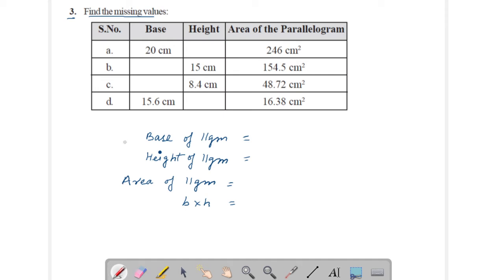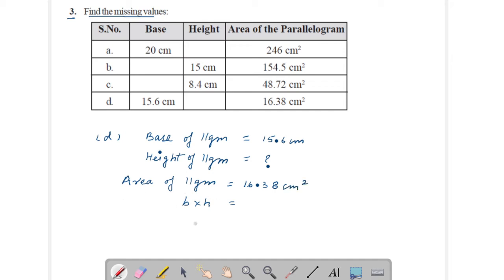Now come to D part. Here base of parallelogram it is 15.6 centimeter. Height of parallelogram you have to find out. Area of parallelogram it is 16.38 centimeters square.